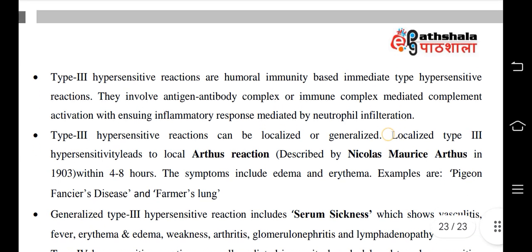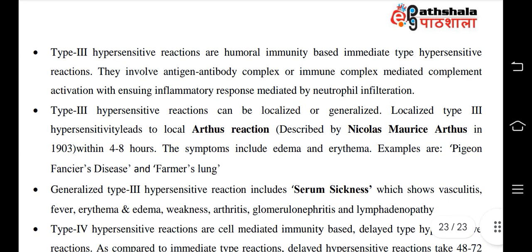Type 3 hypersensitive reactions are humoral immunity based immediate type hypersensitive reactions. They involve antigen-antibody complex or immune complex mediated complement activation, with ensuing inflammatory response mediated by neutrophil infiltration. Type 3 hypersensitive reactions can be localized or generalized.